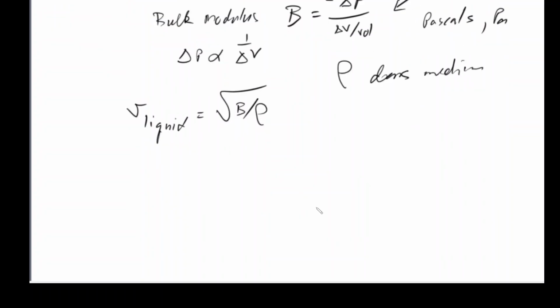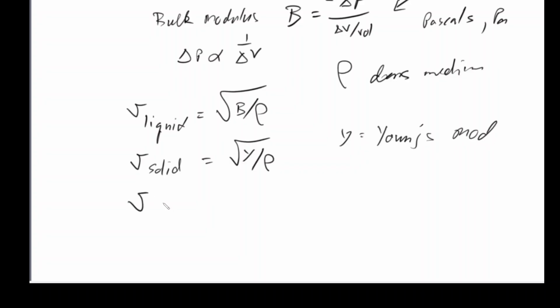And if we're looking at the velocity of sound in a solid, such as a solid rod, v would be the square root of Y over rho, where Y is equal to Young's modulus.